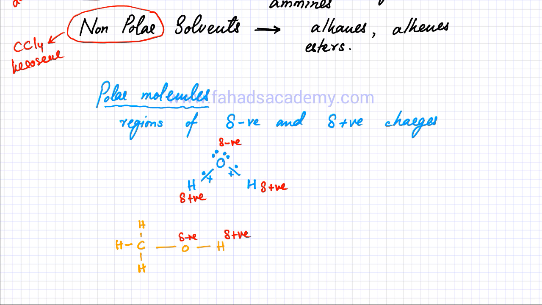Now what happens is that this hydrogen on the water molecule is going to be attracted by the oxygen on the methanol molecule, and similarly this hydrogen is going to be attracted to the oxygen of the water molecule. So you have these forces of attraction present between molecules.